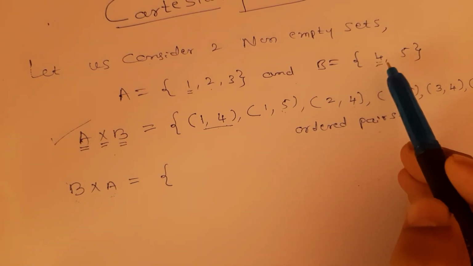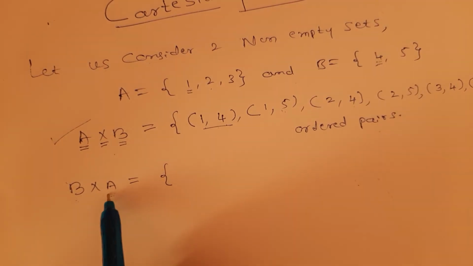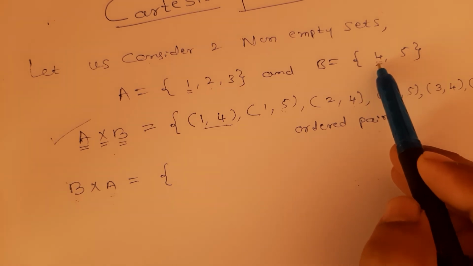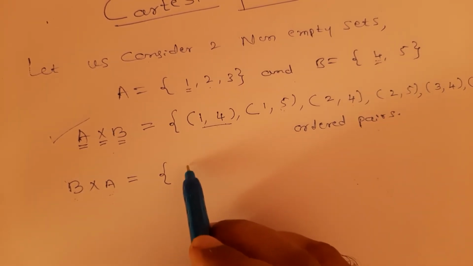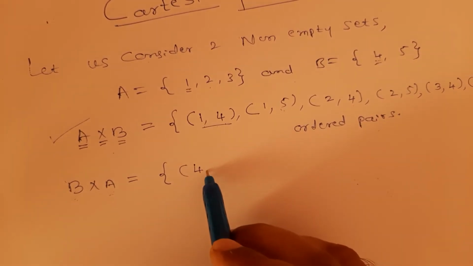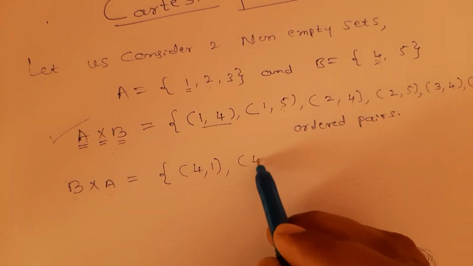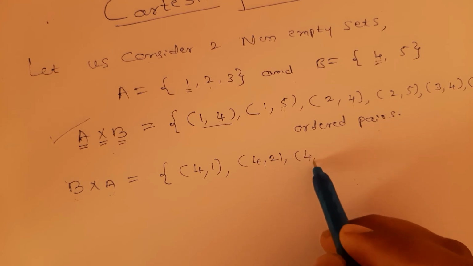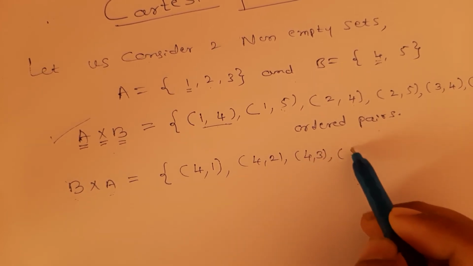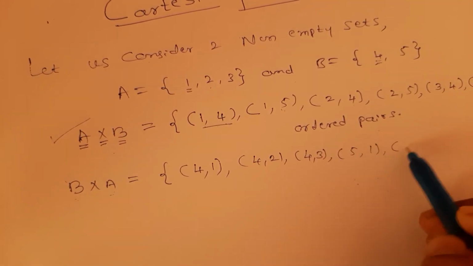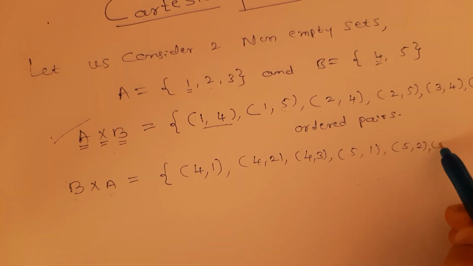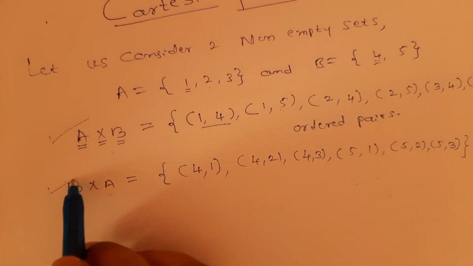What is the first element in set B? Start from there: 4, 1, then 4, 2, 4, 3. Then take the second element, 5, 1, 5, 2, 5, 3. So here I got B cross A.